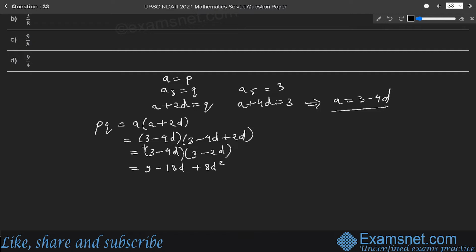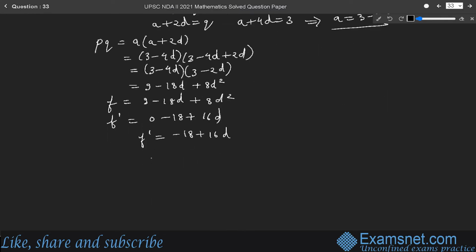Now we have to find f. f will be equal to 9 minus 18D plus 8D square, and f dash will be equal to 0 minus 18 plus 16D. So f dash is equal to minus 18 plus 16D. Now for the maxima and minima, we know that f dash is equal to 0.